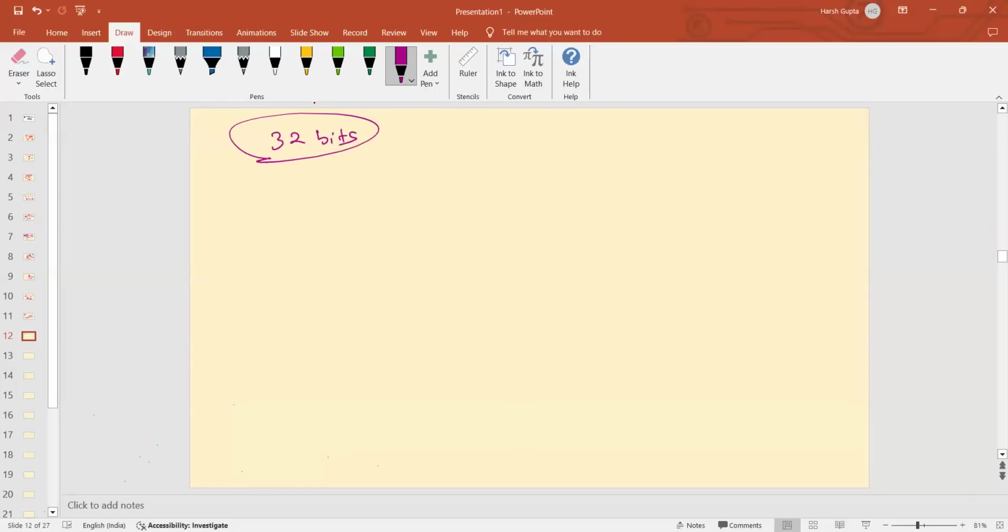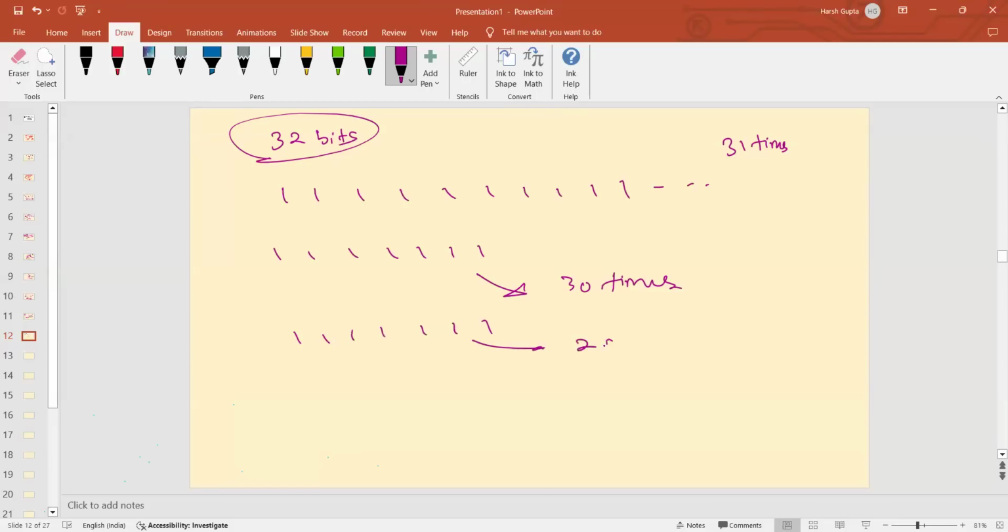So what are the possible results I can get? One possible result, after removing the numbers, is 1, 1, 1 up to 31 times. Next is 1s up to 30 times. Next is 1s up to 29 times, and so on up till 0 times.